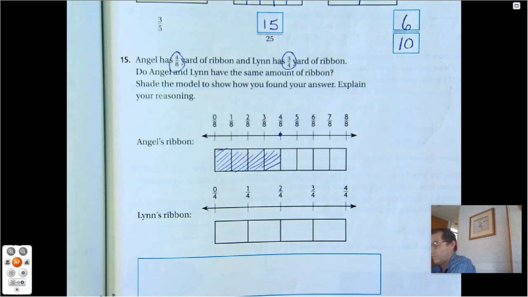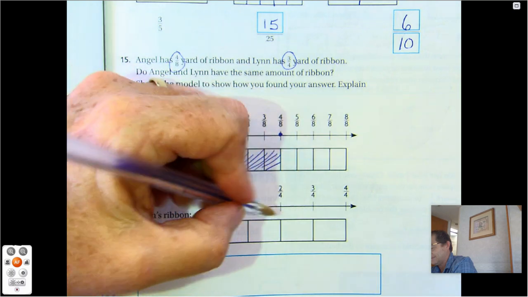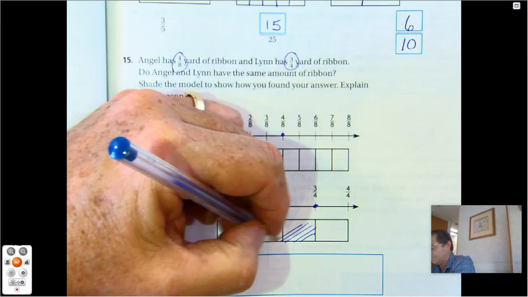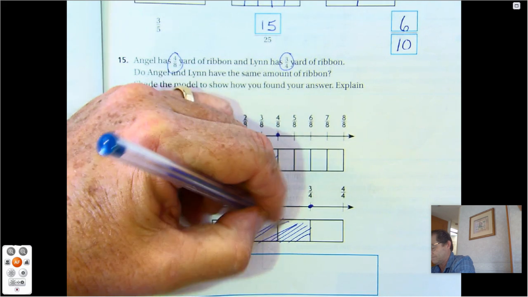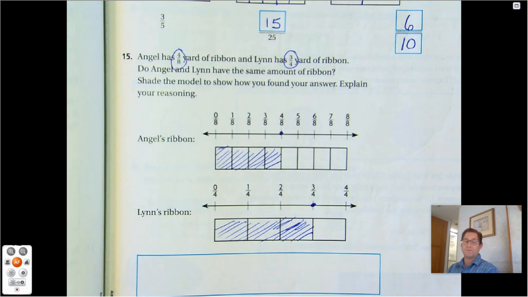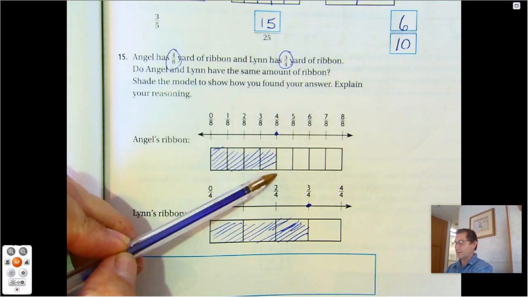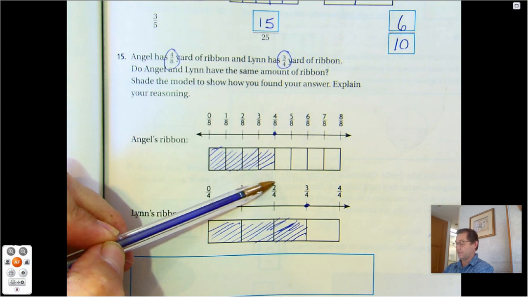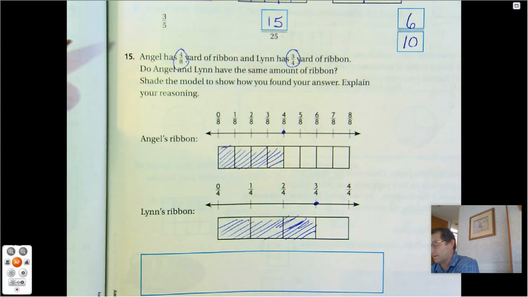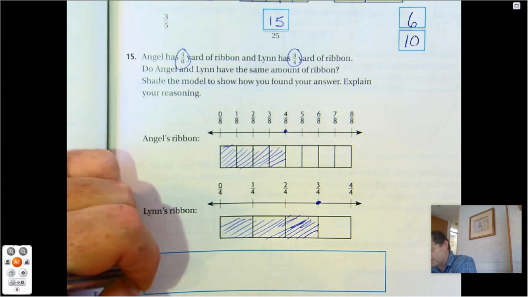Lynn has 3/4. Okay, so do they have the same amount of ribbon? No. This one's half. This one's past it. This one's greater than 1/2. No, they do not have the same amount.